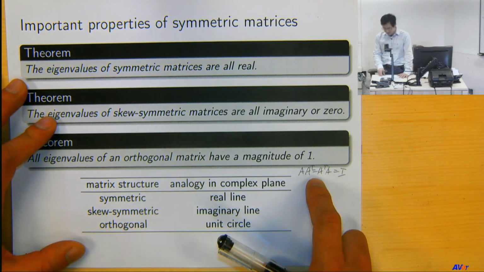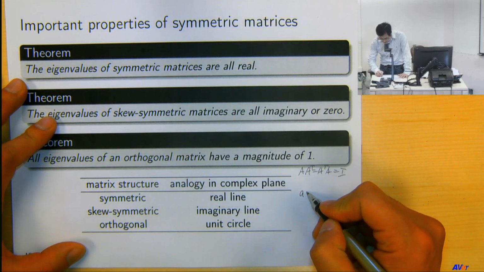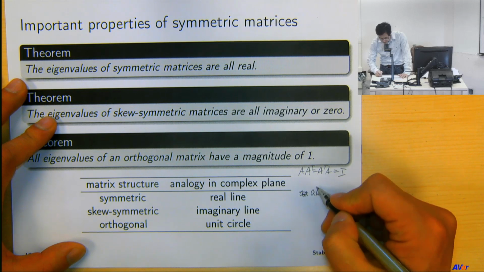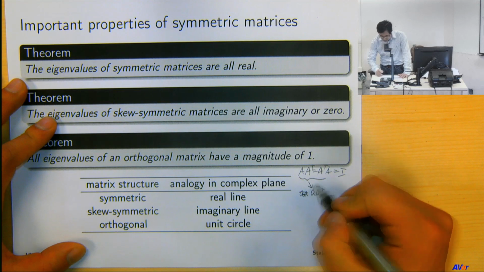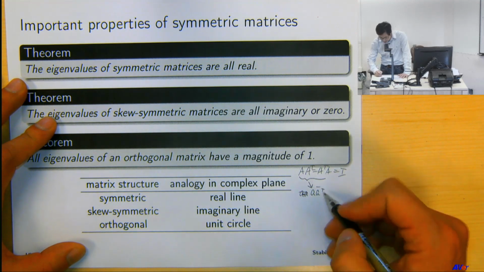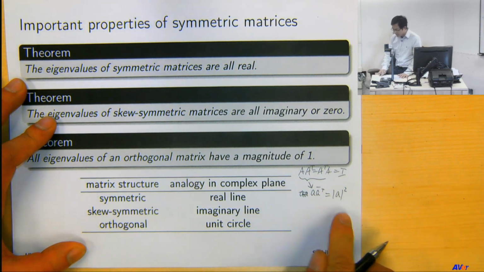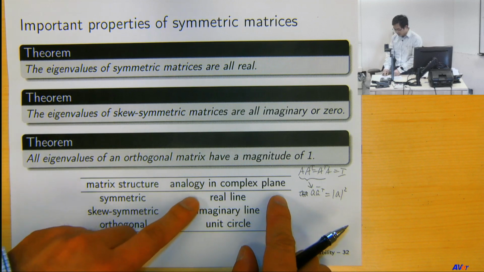In the scalar case, it's like A times A bar, computing the magnitude of a scalar in the complex plane.